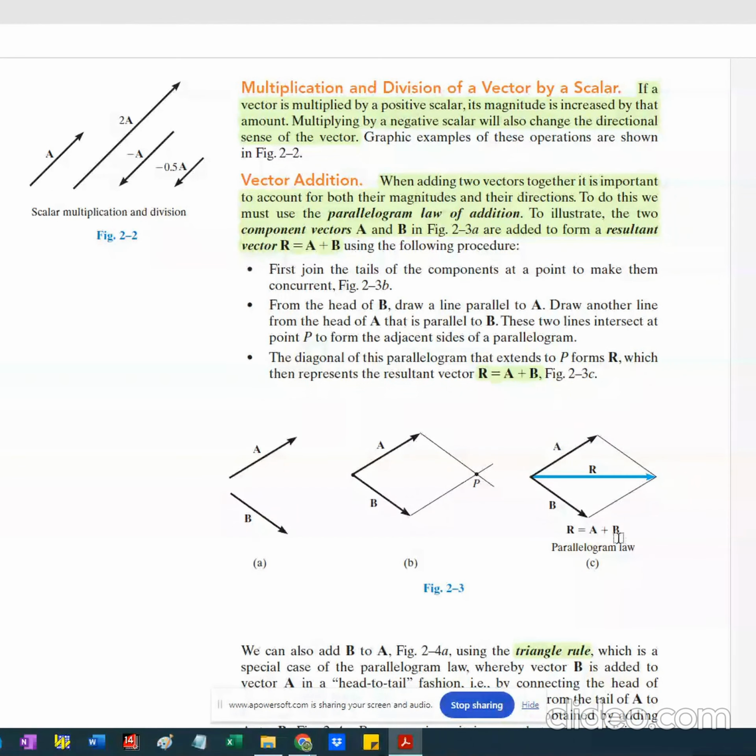That's why it's called the parallelogram law. You complete the drawing: you draw parallel to A through the head of B, and you draw parallel to B at the head of A, and you complete a parallelogram. The diagonal of the parallelogram is the resultant vector, and the tail of the resultant vector is at the common tail of A and B.